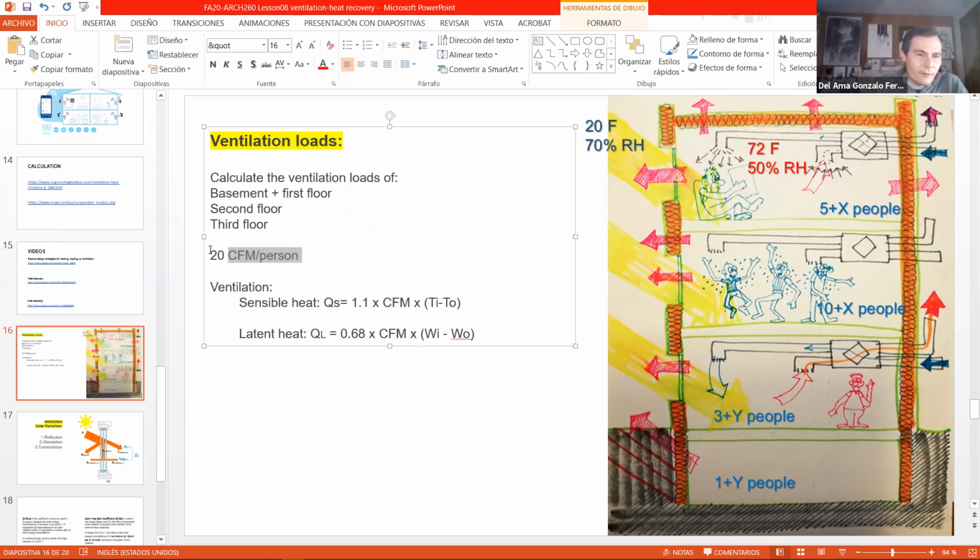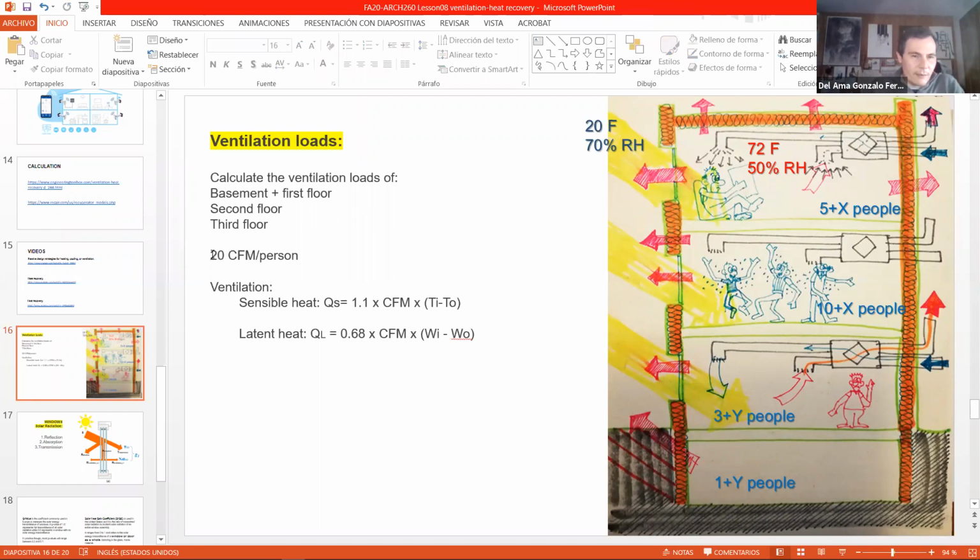In the rest of buildings, in residential buildings, educational buildings, commercial buildings, museums, libraries, the CFM ranges from 15 to 20 per person. The more, the better. I mean, the more the CFM, the better the indoor air quality. So 20 is better than 15.